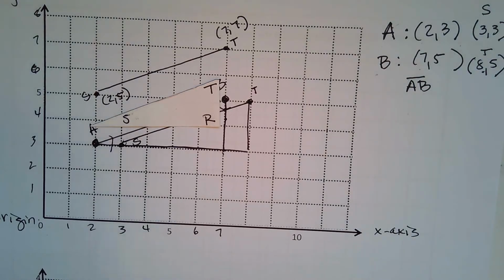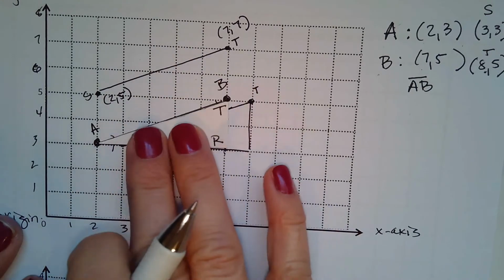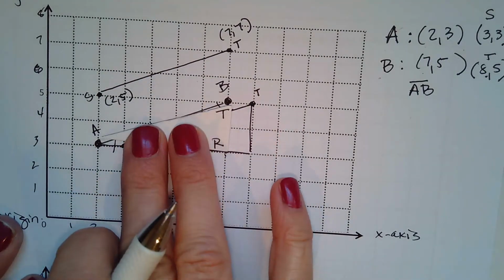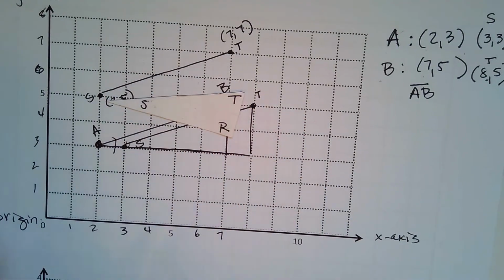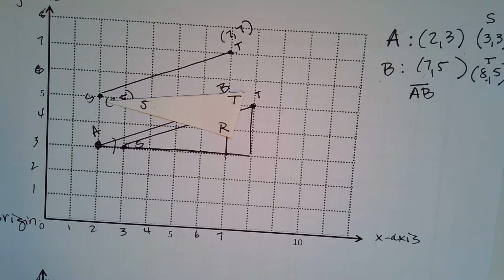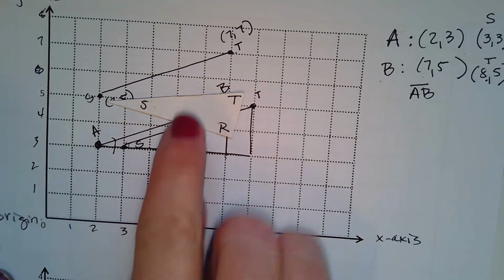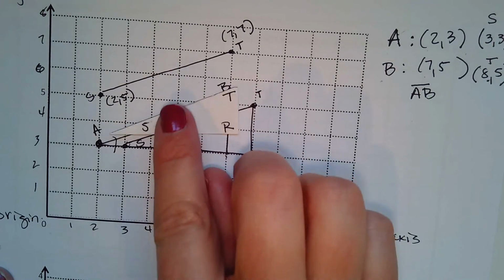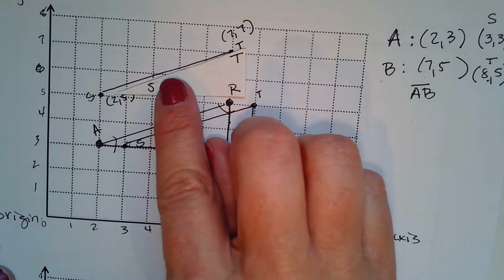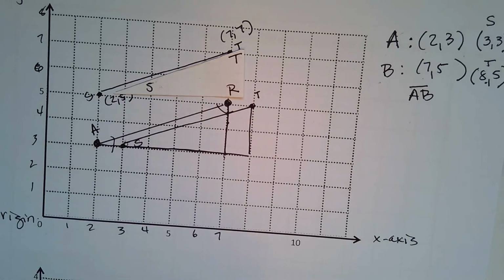So did the x coordinates of the vertices change? No, they did not change because triangle RST slides 2 units up parallel to the y-axis. The y coordinates have actually increased. Correct? All right.